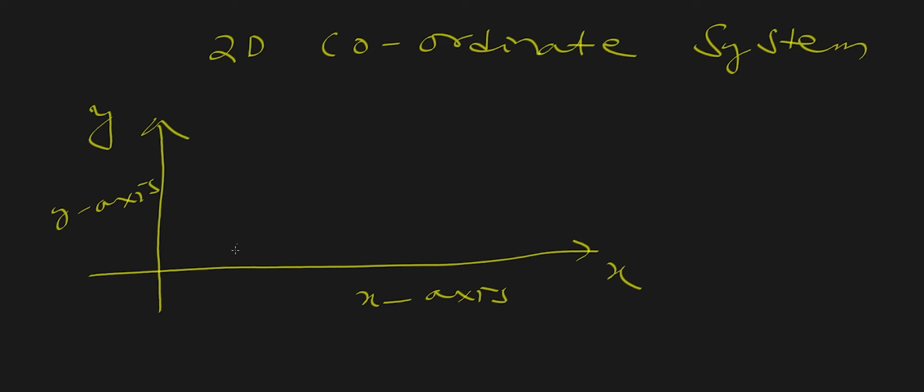For example, point 3, 2 means we move 3 units along the x-axis and 2 units up along the y-axis.